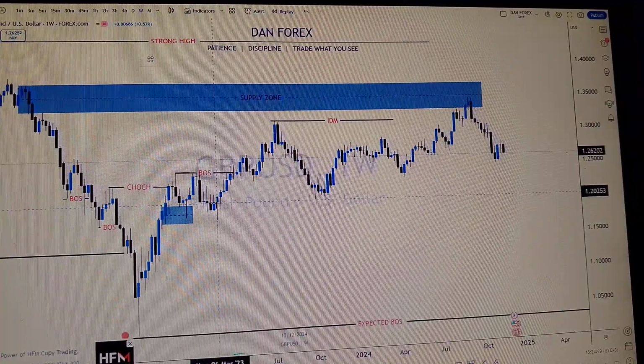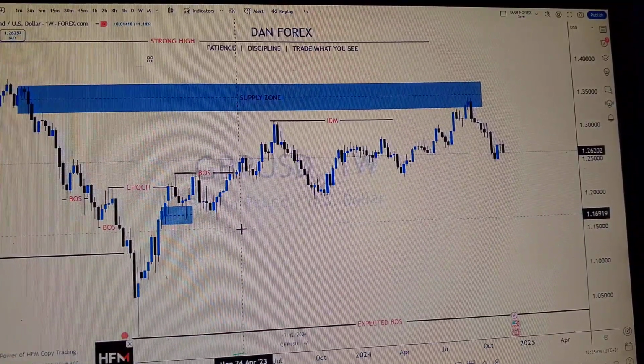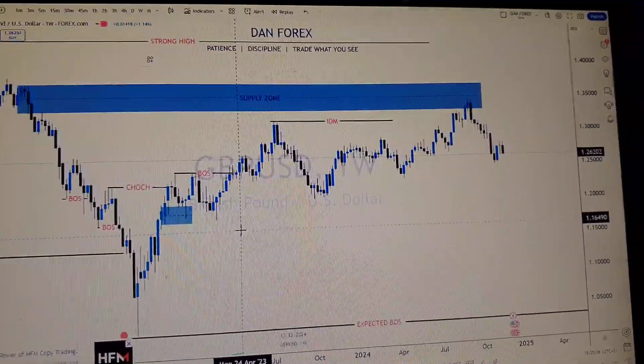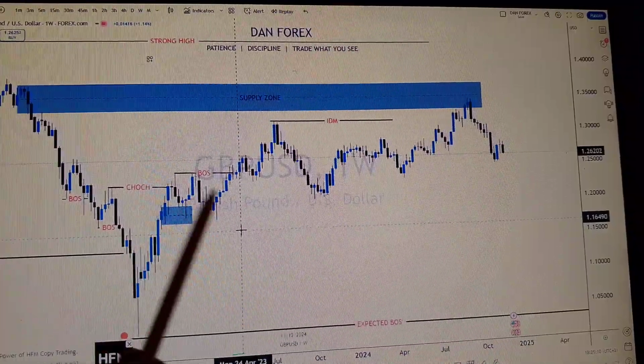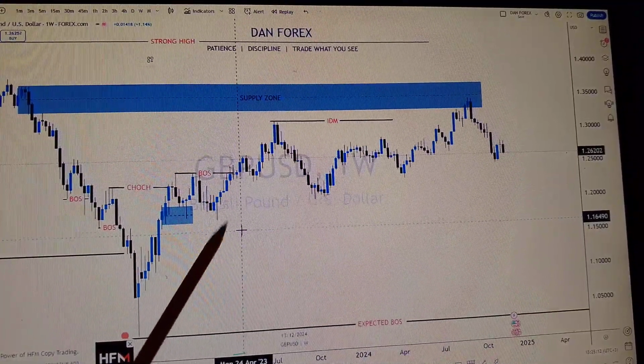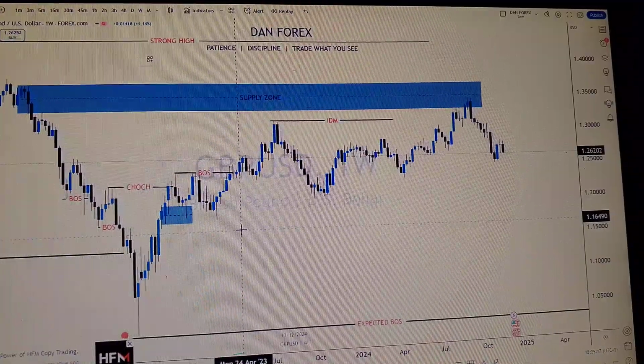We had this shadow. You see this candle here which has swept the previous candle around here? Let me point it out very well. This candle, this green one, has swept these previous candles, right?